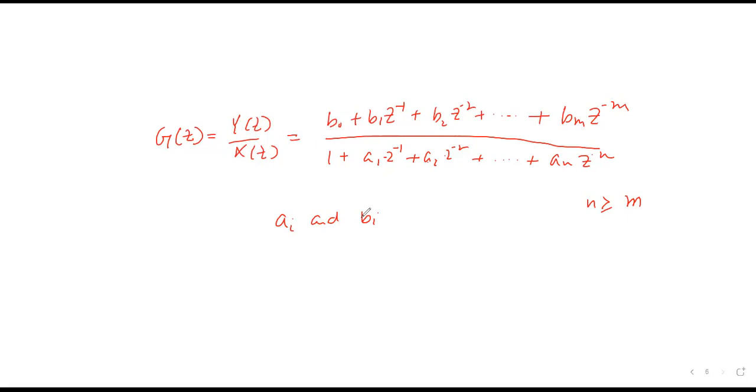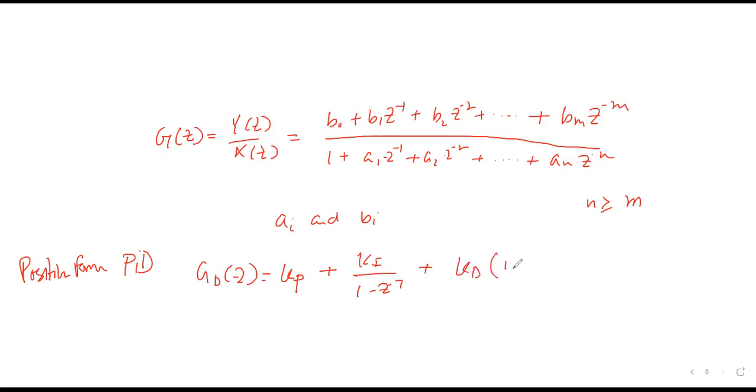So can we have something similar in case of the position form PID controller that we have derived in the last class? Say that the PID controller position form that we had derived is GD(z) equal to KP plus KI over 1 minus Z inverse plus KD into 1 minus Z inverse.